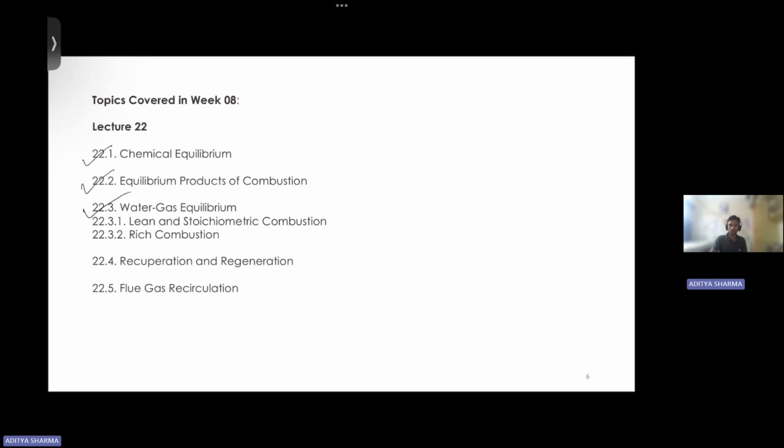Then next topic is your water gas equilibrium. Okay. So from your lecture, if you see, this is your slide number 15 of lecture number 22. So it says that for lean combustion only atom balances are done. And in case of rich combustion, a single equilibrium reaction is considered, known as water gas shift reaction. Okay.